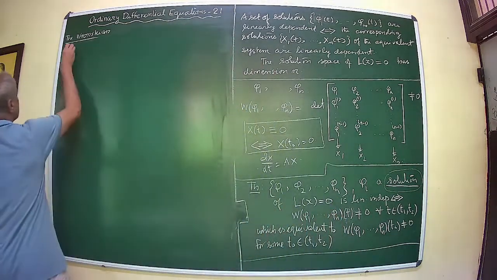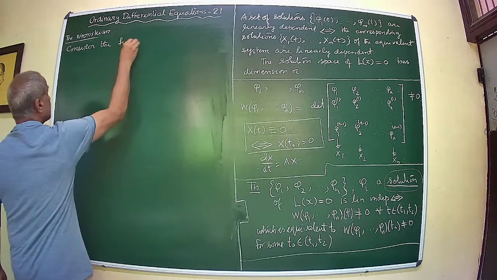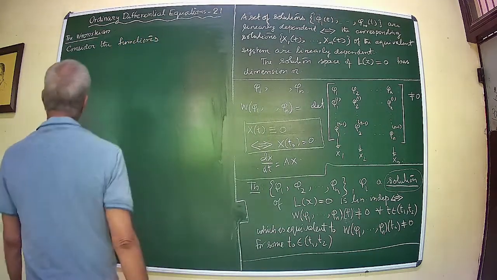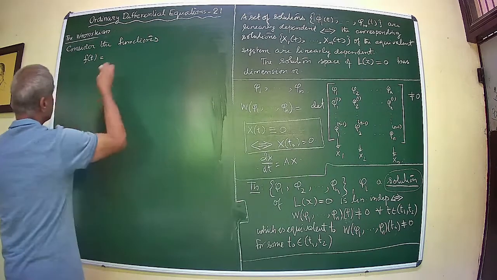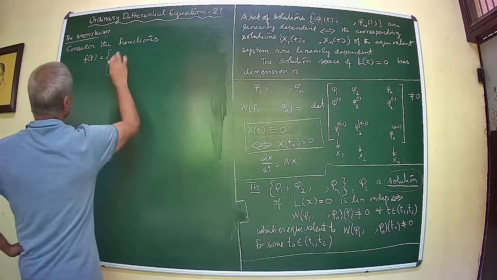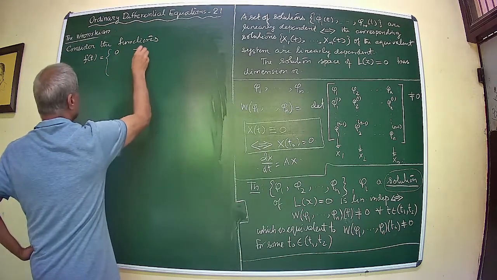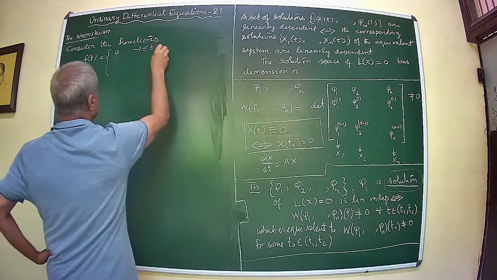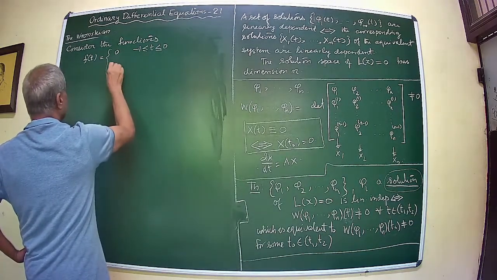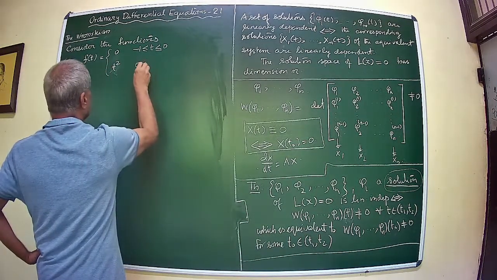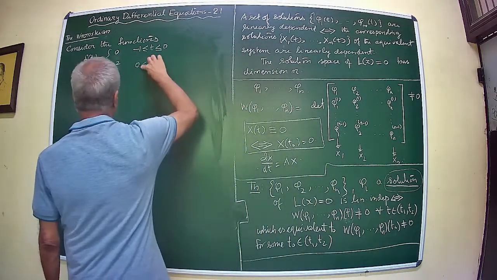Consider the example. F(t) is defined as 0 for -1 ≤ t ≤ 0, and equal to t² for 0 ≤ t ≤ 1.